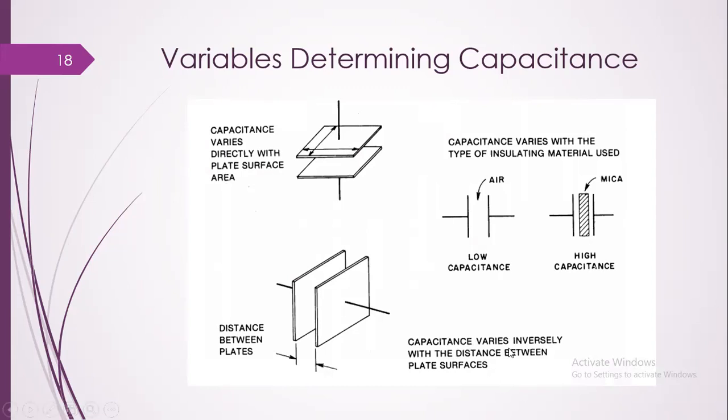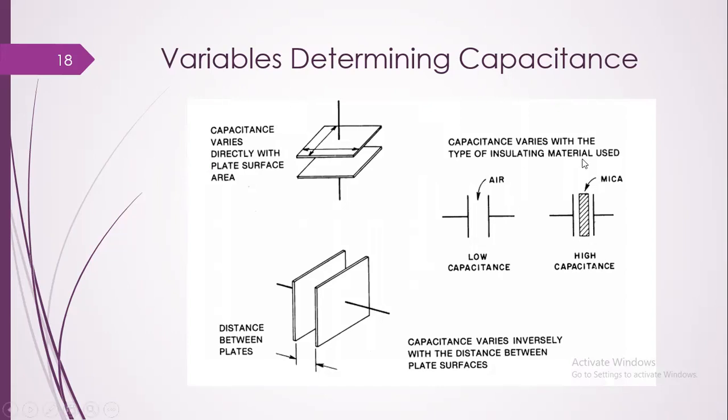Capacitance varies inversely with the distance between the plates. If we increase the distance between the plates, then the capacitance would be reduced. And vice versa, if we decrease the separation between the plates, then the capacitance would be increased.